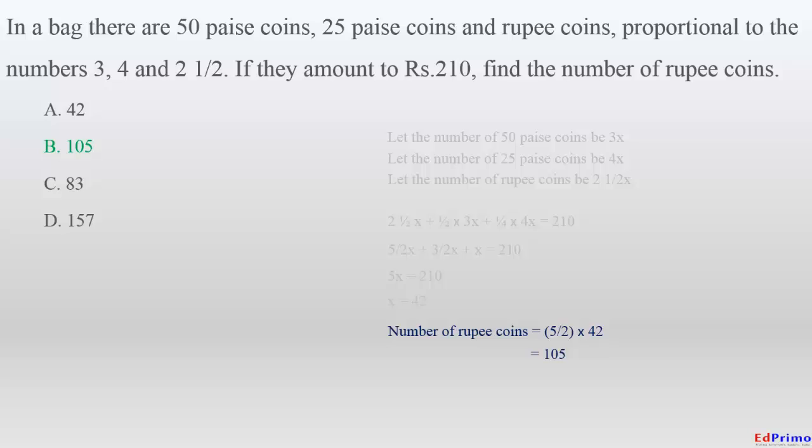Say for example, if the question were to ask the number of 50 paise coins, instead of 5/2 into 42 in the last step, we would have just multiplied 3 into 42, and we would have arrived at the answer. Similarly, the number of 25 paise coins, or similarly the total number of coins, whatever the question may be. Once we find out the unknown variable, that would lead us to the right answer.